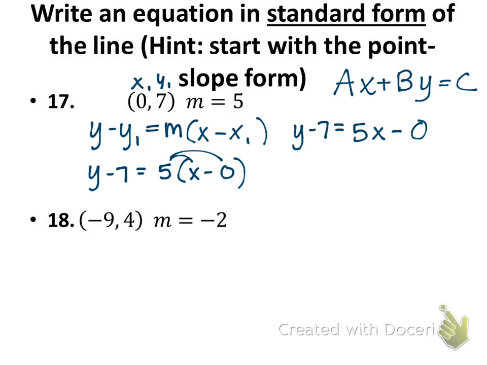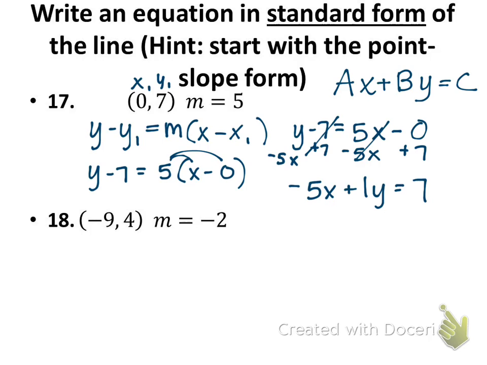The 5x. What would I do to the 5x to move it up to the front? Subtract 5x because it's a positive. Also add 7. Perfect, because I want it to combine with its like term, and it's got to move to the back. So now I have negative 5x plus 1y equals 7.